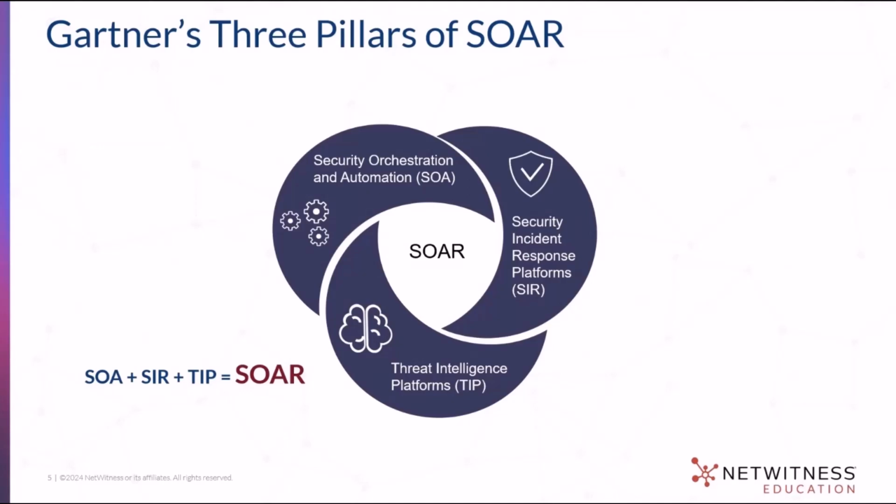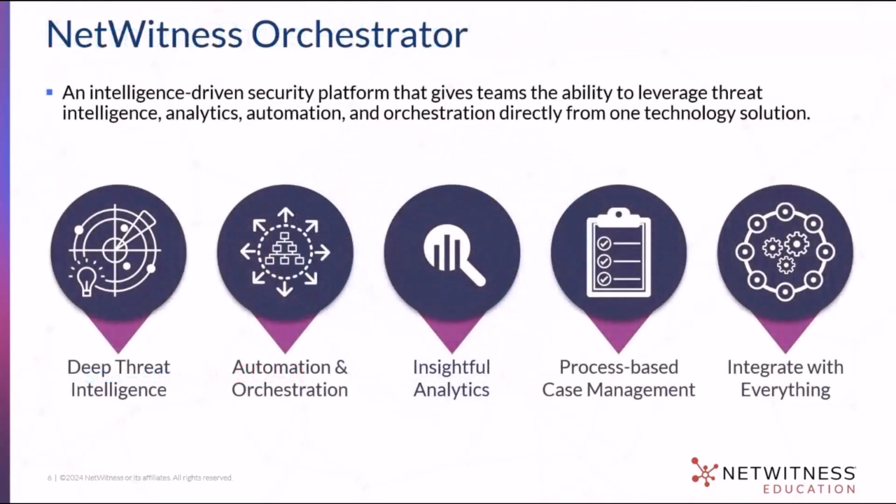We need to learn more about the advantages of Orchestrator. Orchestrator has 5 advantages that we can leverage and make use of. The first is that Orchestrator has deep threat intelligence, which is a main thing nowadays. It collects data from different feeds and sources, then it goes through its own machine learning.